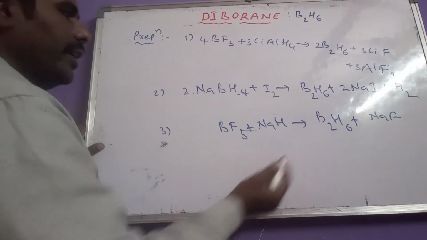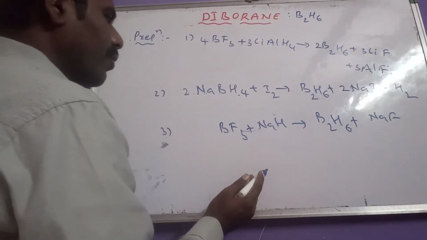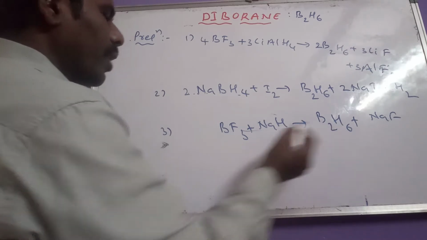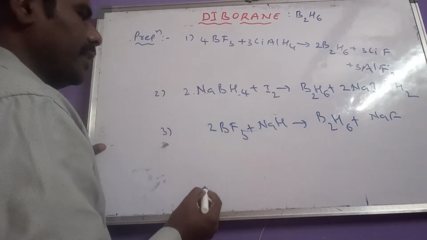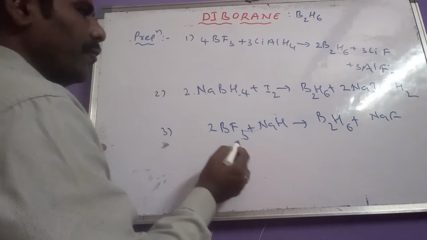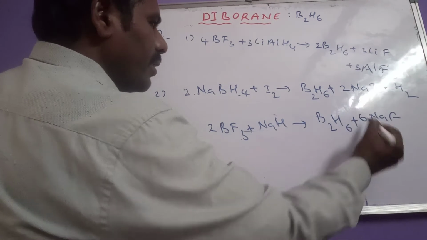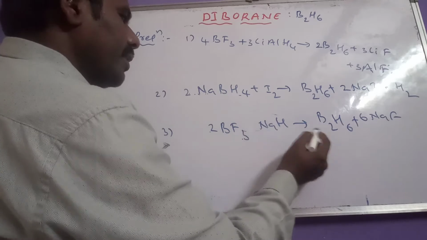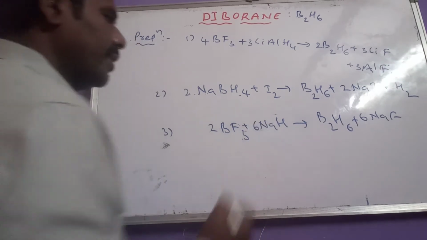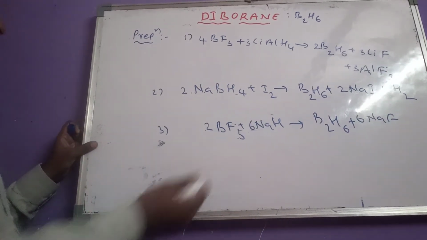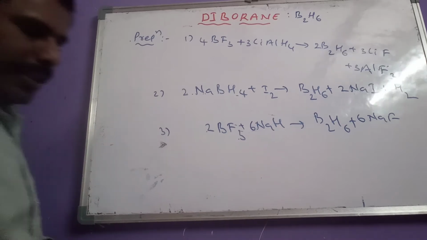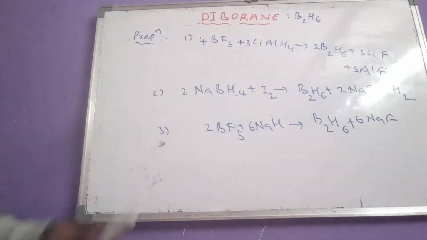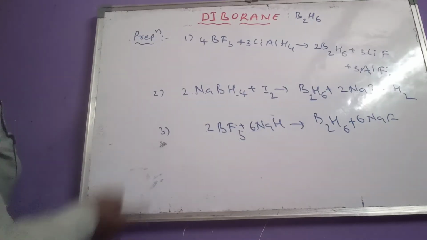To balance this equation, 2 borons means write 2BF3, 6 fluorine atoms means we have to write 6 NaF, 6 sodiums are there, and 6 hydrogens we need, so 6 moles of NaH. This is another method for the preparation of diborane. So these are the three methods.